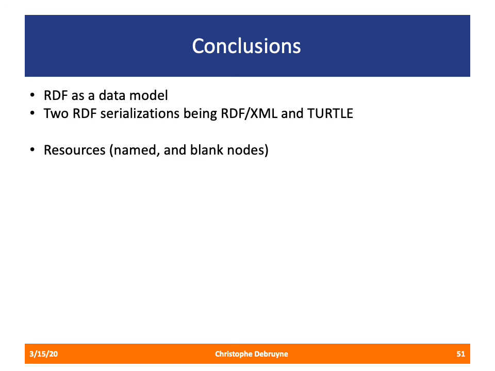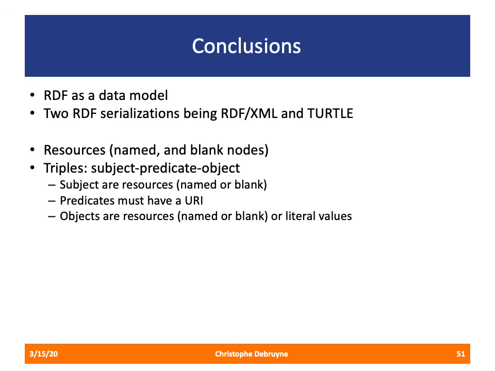We've seen blank nodes, which are anonymous resources, and we've seen named nodes where resources are provided a URI. The basic knowledge building block in RDF is subject, predicate, object, where subjects are resources, either named or blank. Predicates must have a URI, they must be named resources, and objects are either named or blank resources or literal values.